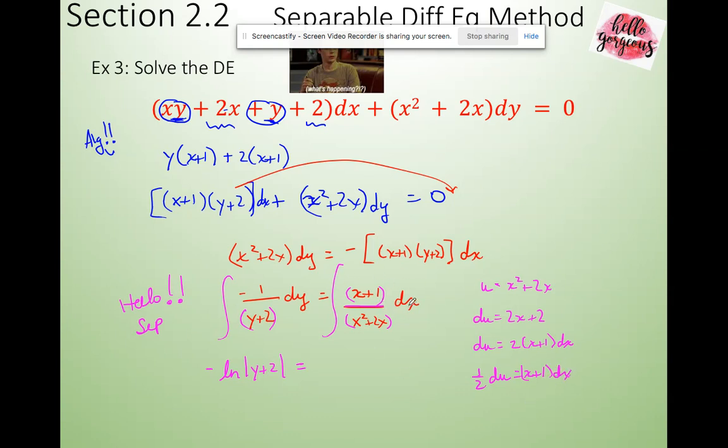So to integrate this is just going to be the integral of u to the negative 1 du with a 1/2 in front. How do I integrate that?